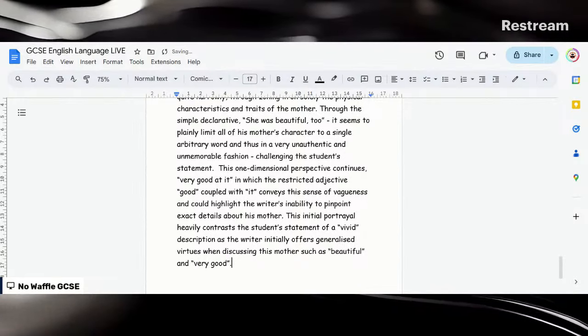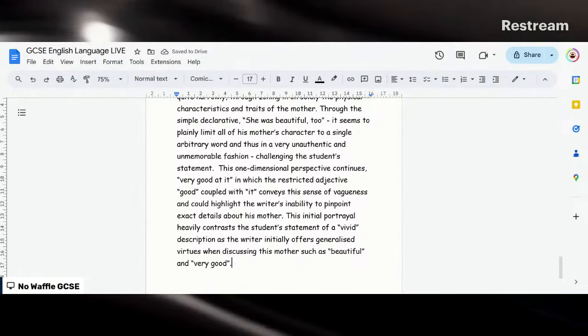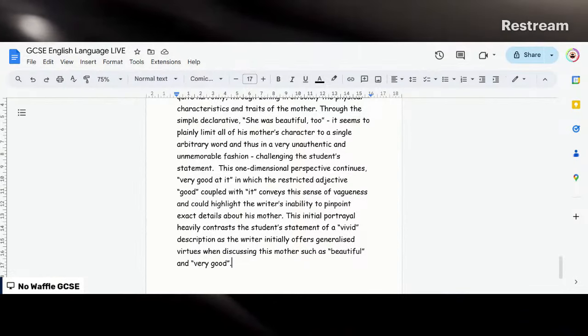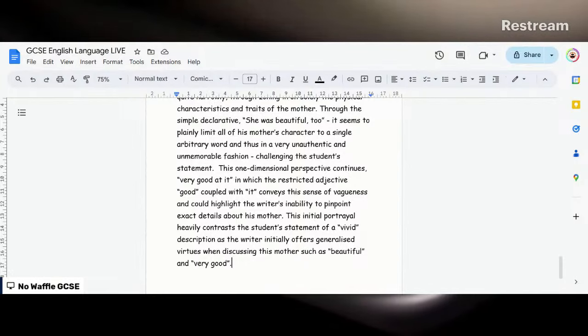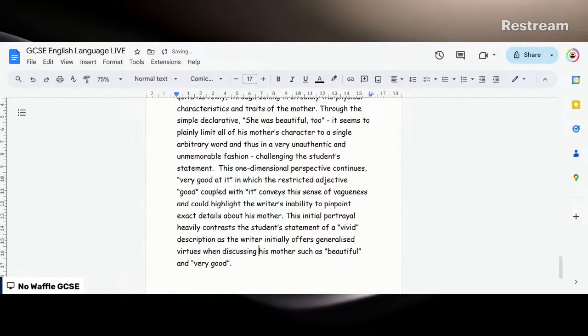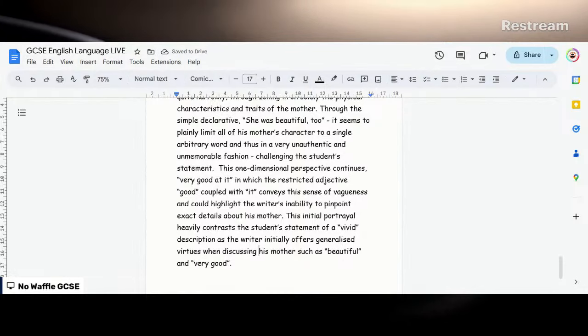Okay, so that highlights that point there. The initial portrayal heavily contrasts the student statement of a vivid description, as the writer initially offers generalized virtues when discussing his mother, such as beautiful and very good. Okay, that's our first paragraph they're talking about at the beginning.